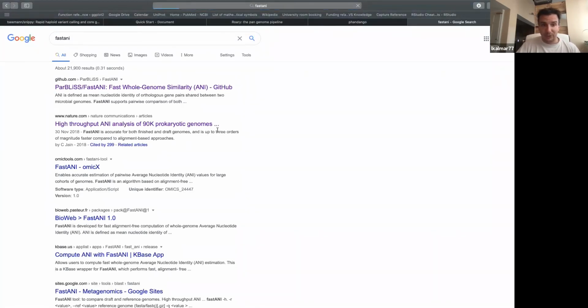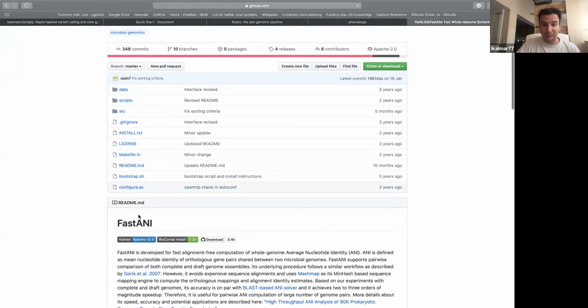So the ANI part means the average nucleotide identity, as you can see here. And the reason why this is fast is that it's actually doing the same thing as Mash is doing. As you may remember, Mash is extracting small pieces from the genome.